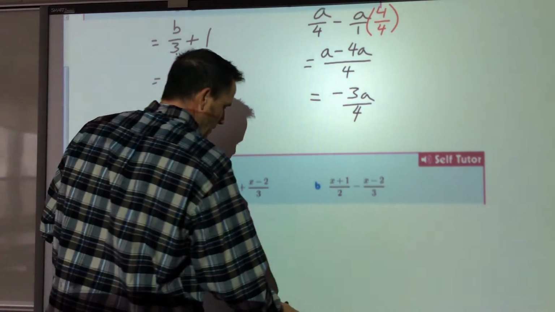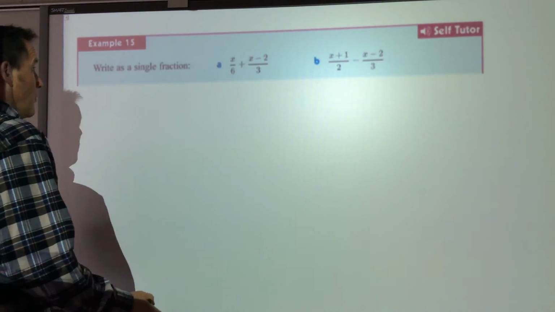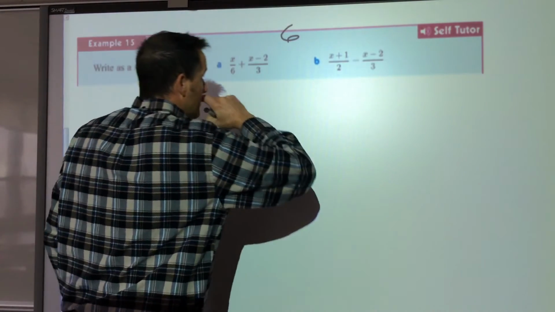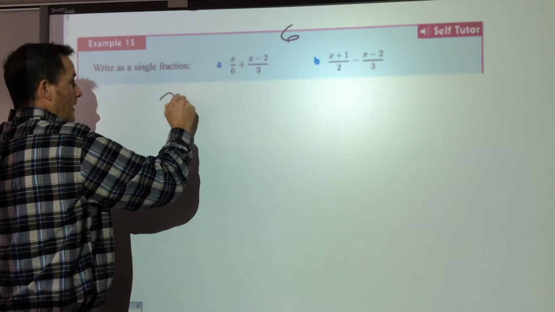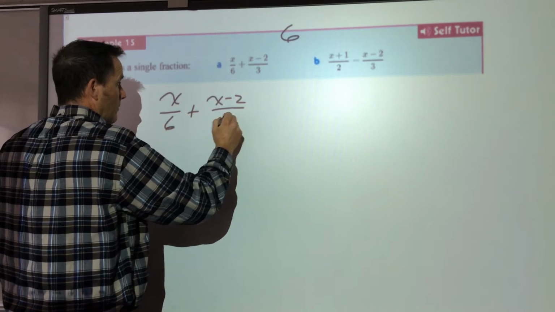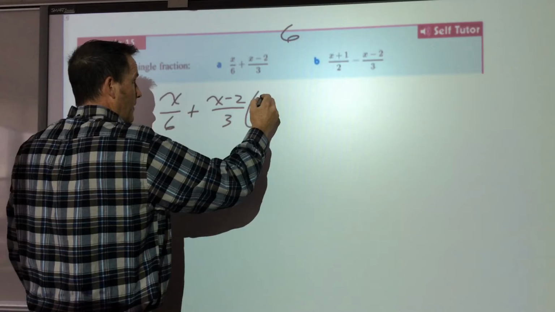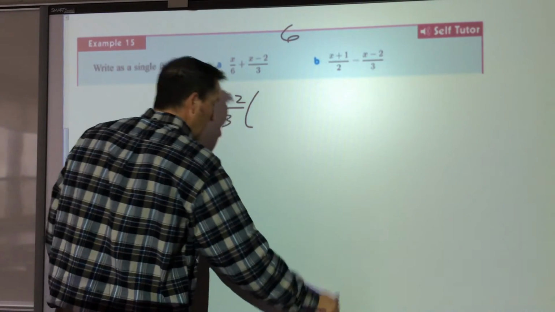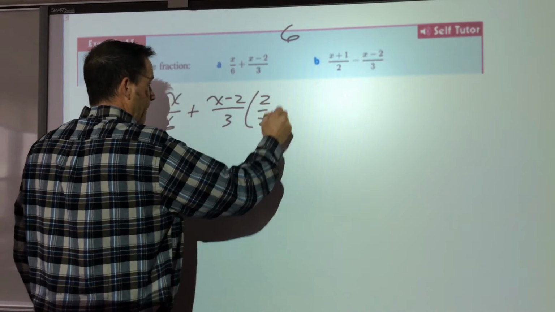Looking at the next two questions, both of them have the same lowest common denominator. It's going to be 6. So for A, I have x over 6 plus x minus 2 over 3. So I'm going to multiply that by 2 over 2.